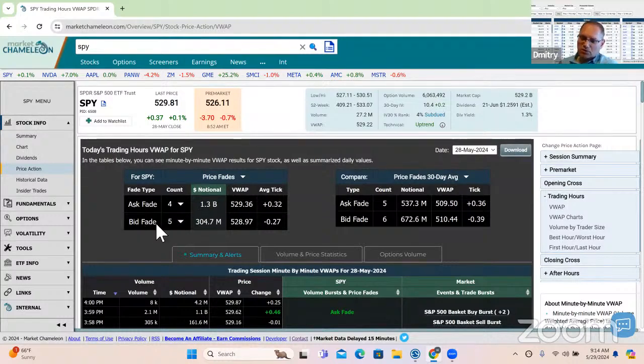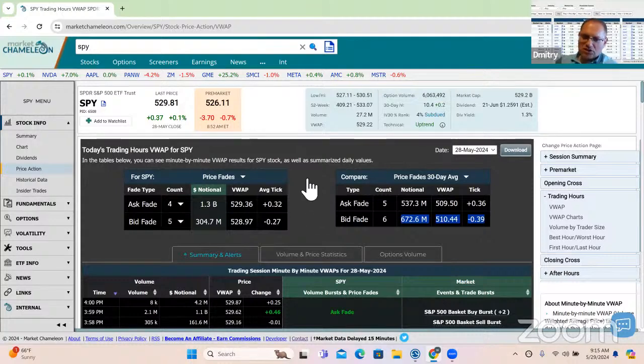The bids are where they lowered their bids, and the prices moved down on the fade 5 times yesterday for $304 million worth of stock. The average price was $528.97, and the average impact was 27 cents. So compare that to the 30-day. So nothing really unusual, but we're just kind of going over what they look like.